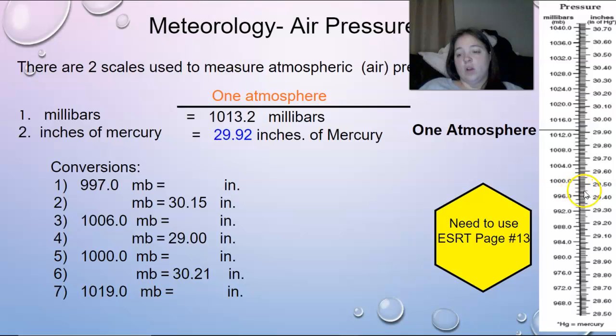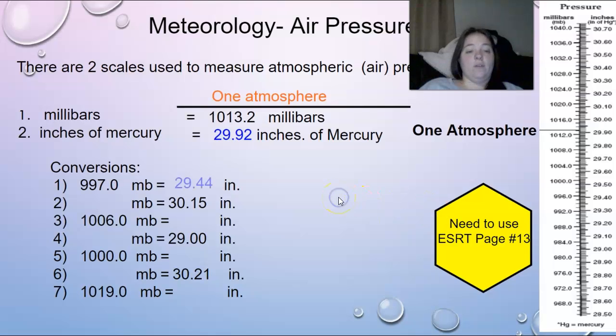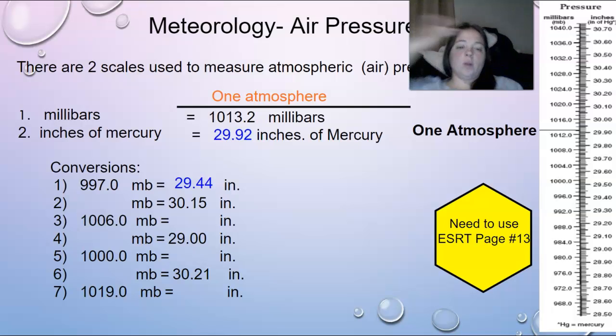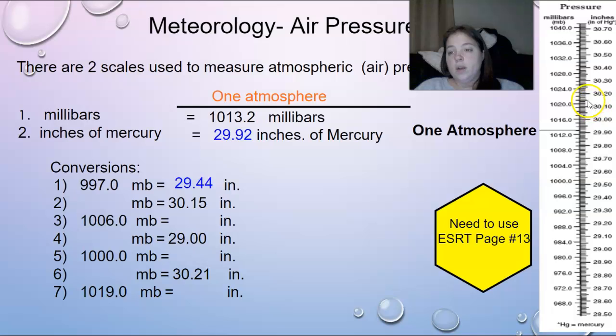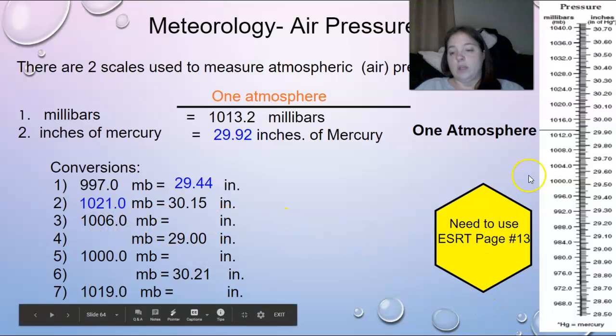I'm going to go across, and I'm going to say 29.44 or 45. I'd be right because there is leeway, plus or minus 1. How about 30.15? Each one of these little lines is worth 1. So I'm going to look over here, 1021. How about 1065?